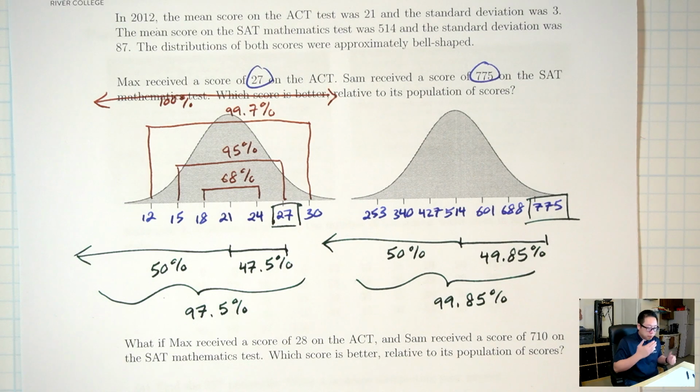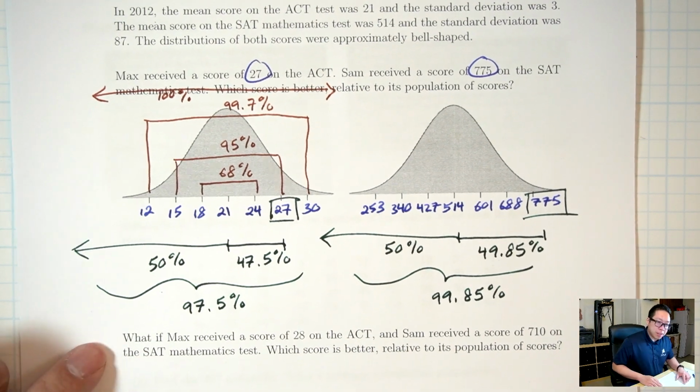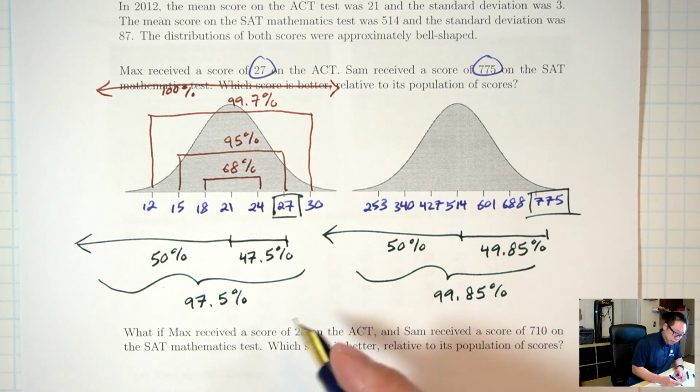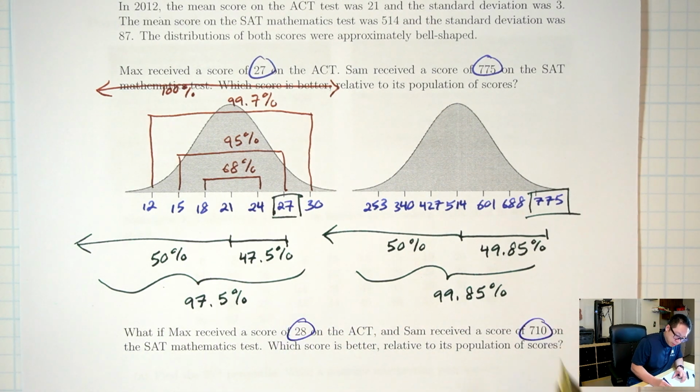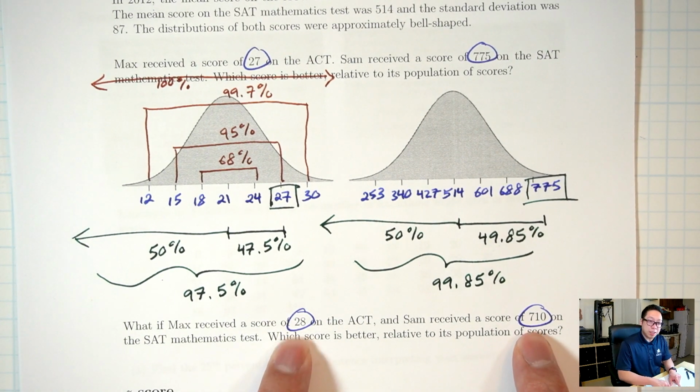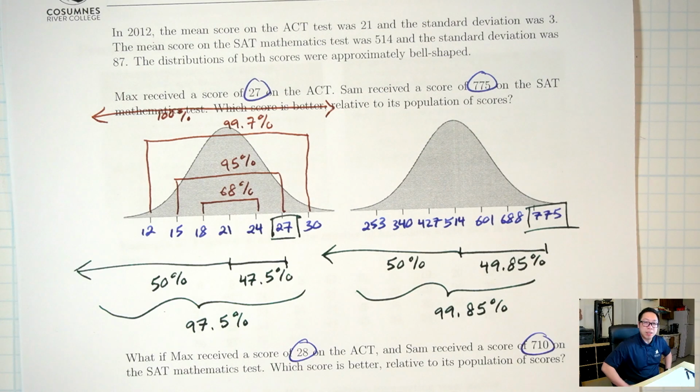Okay? Now, let's take a look at this next example. What about 28 on the ACT versus 710 on the SAT Math? What's different here? How does 28 and 710 differ from 27 and 775?